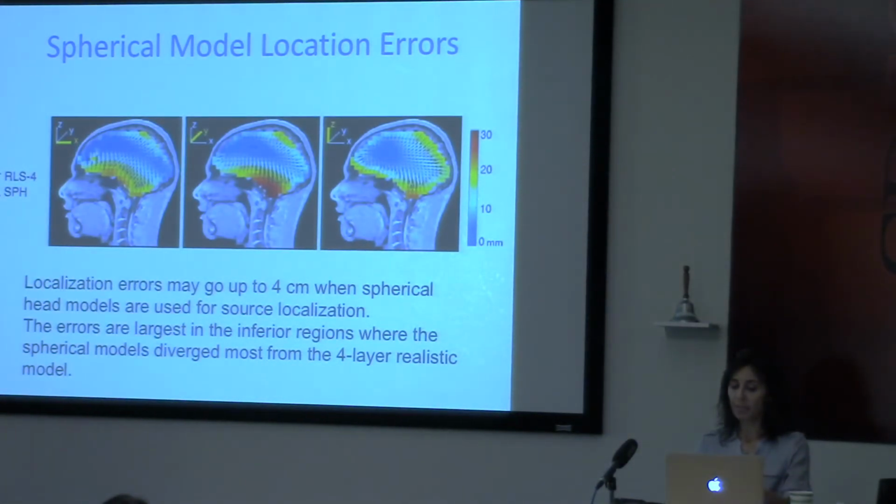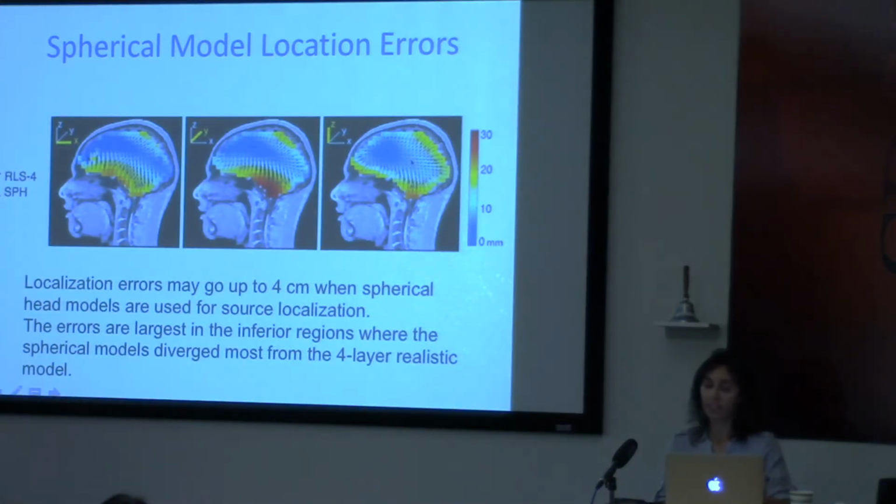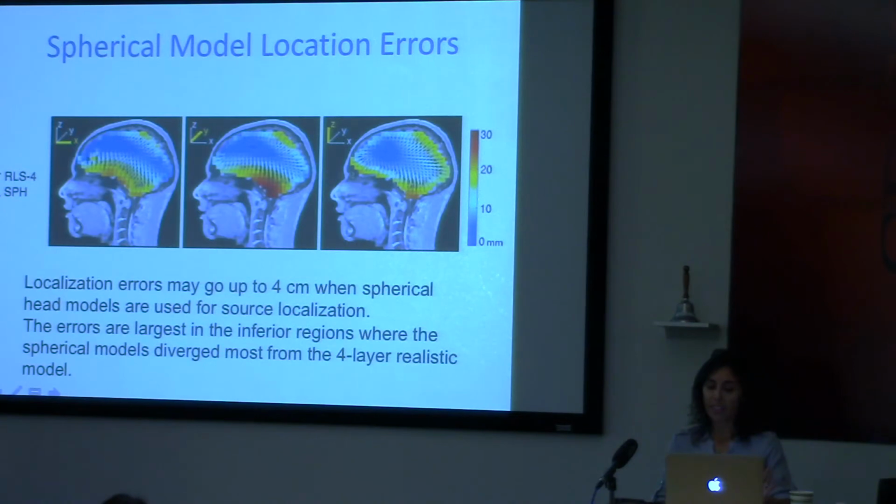And for example, this map gives the source localization errors if we use spherical head models instead of individual head models. And the errors in the cortical region are up to 2 millimeters when we use spherical head models.